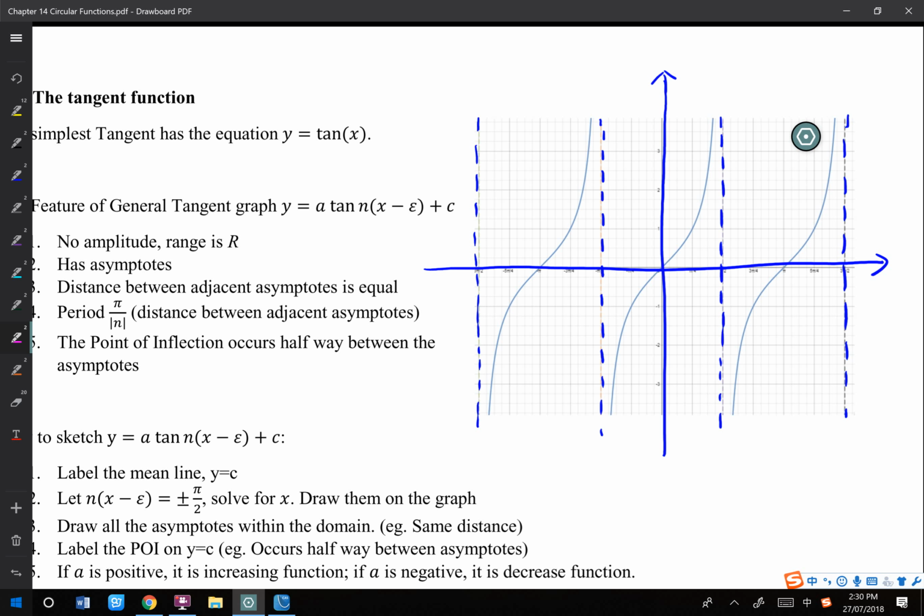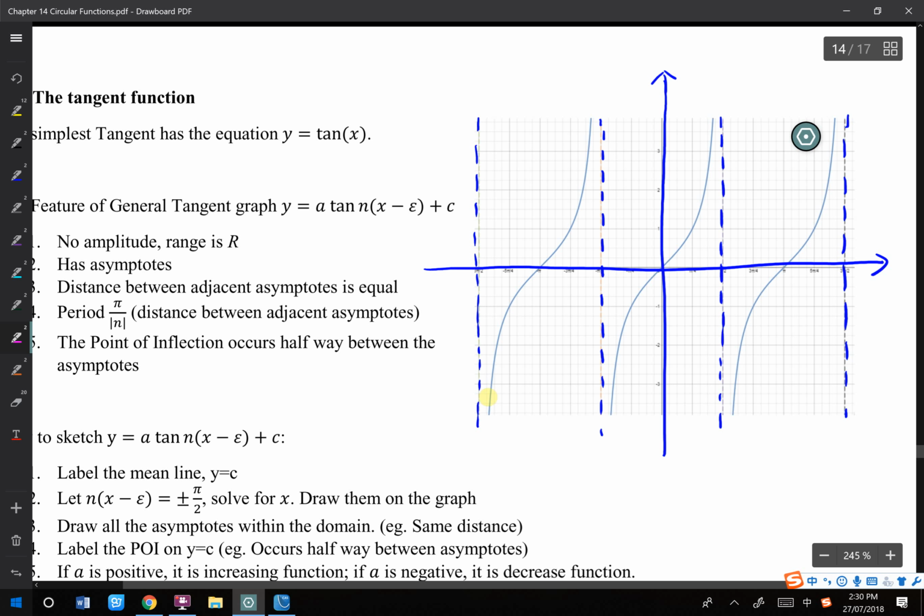How long will it repeat itself? Pi. This asymptote is negative pi on 2. This is pi on 2.